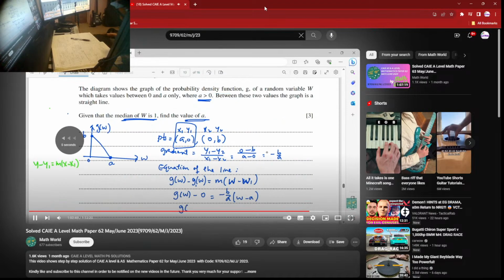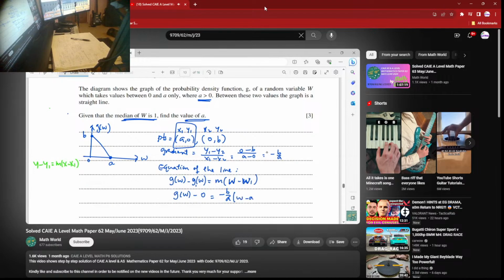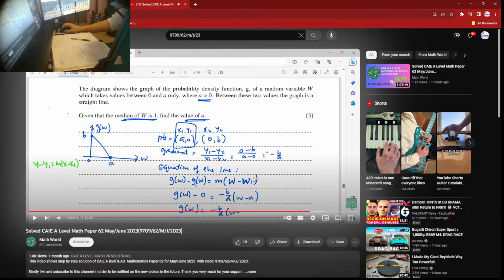And with my equation of the line becomes 0 equals to the m is negative b over a, then w minus a. So from here I will get my equation of the line becomes negative b over a brackets w. Wait, no. GW minus G1W is equals to mx minus x1.